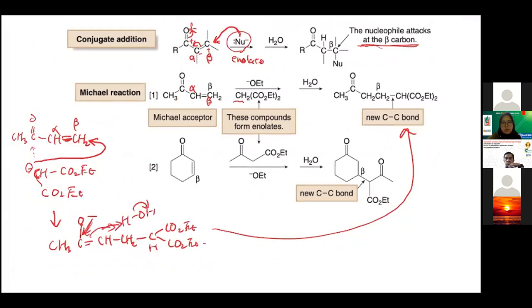They take the proton from H2O, water, and the new CC bond is found here.